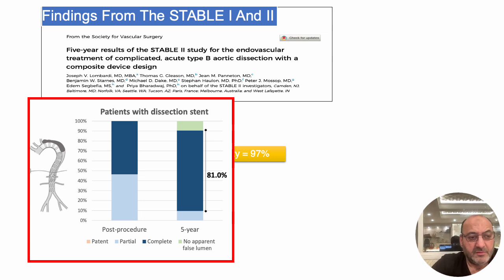At 5 years with the dissection stent, about 81% of these patients had complete thrombosis of the false lumen, maybe 10% had no false lumen at all, and 5 to 10% had partial thrombosis of the false lumen, and that's pretty good results.